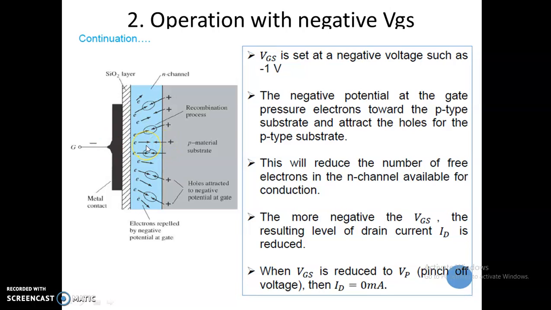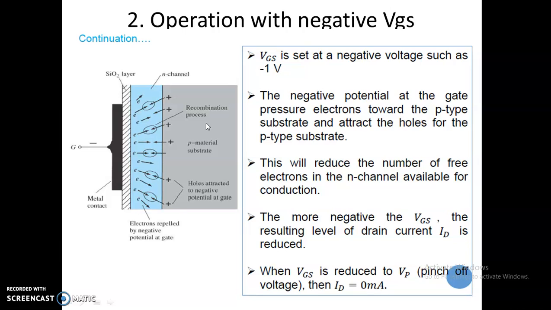Holes are attracted towards the channel. These electrons and holes recombine inside the channel as shown in the figure. It is a recombination process. This reduces the number of free electrons available for conduction. So drain current will decrease with increasing negative value of VGS. As the negative voltage increases, ID will reduce.